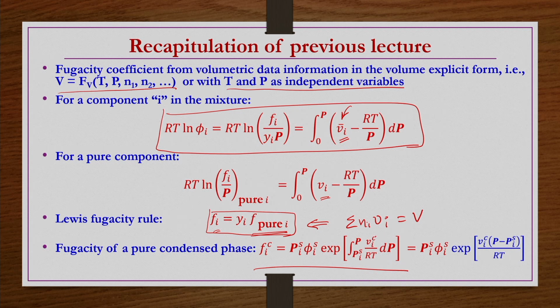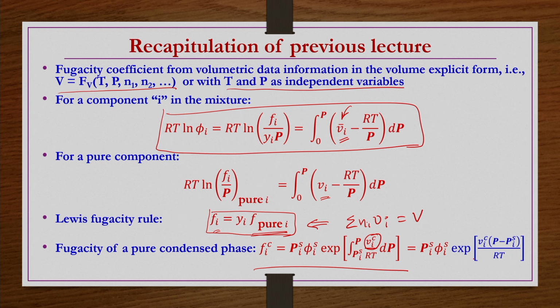If we assume that the pressure change delta P and the saturation pressure are far away from the critical conditions of the system, then we can say that Vic, the molar volume of the condensed phase, is independent of pressure, or the condensed phase is incompressible.